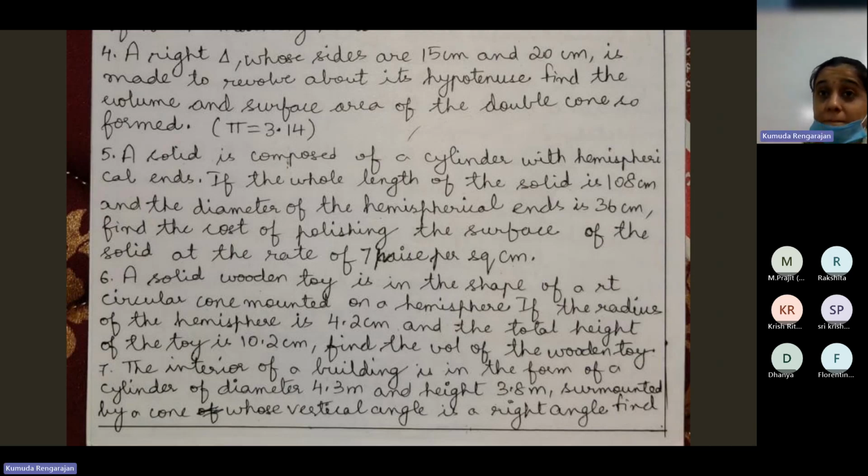Two by three? Two by three pi r cubed. You can remember it like this. What's the formula to find the volume of a cylinder?